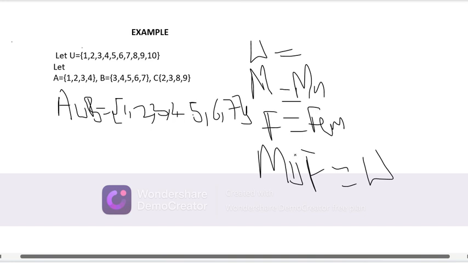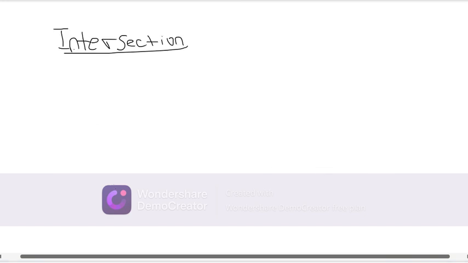Now let's go to another interesting operation, which is intersection. Intersection of a set. Explaining intersection, again we are going to use examples. We have set A and set B, and there's always a U, which is the universal set.